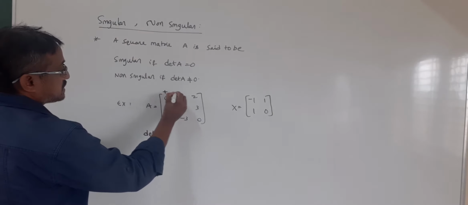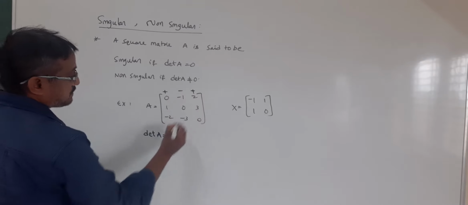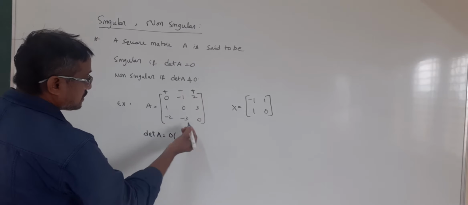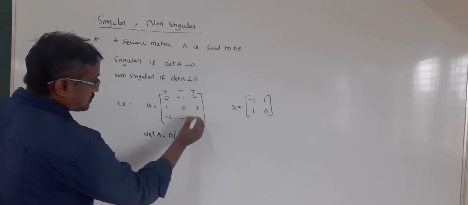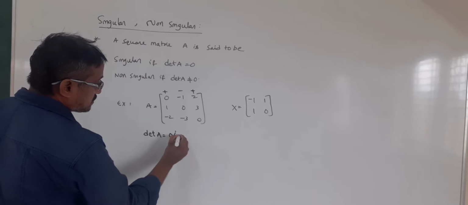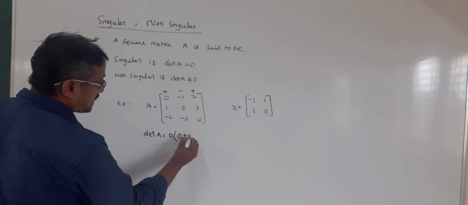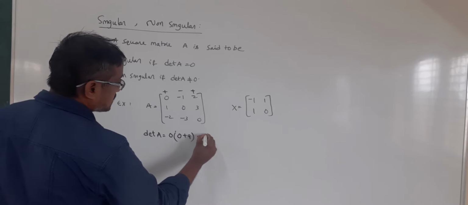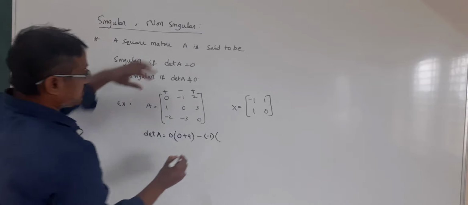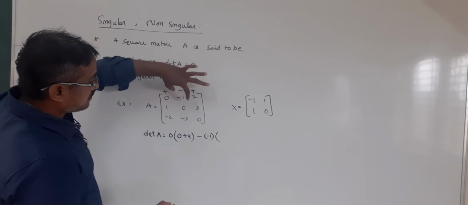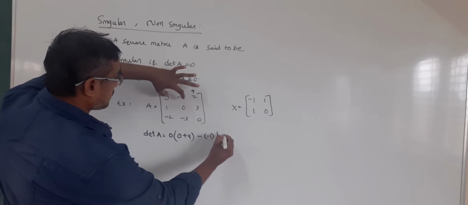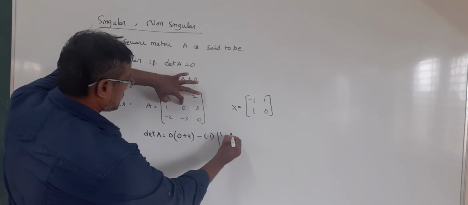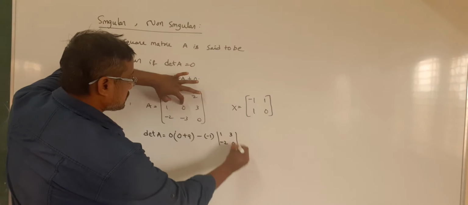Now, you have to take the signs plus, minus, plus. So, 0 into the determinant of this 2 by 2 matrix. It will be 0 plus, minus of minus 1 into, now remove the first row and the second column. You will get the determinant 1, 3; minus 2, 0.